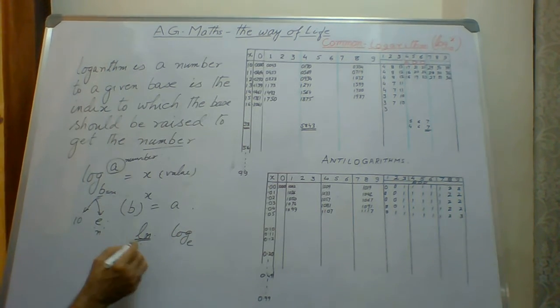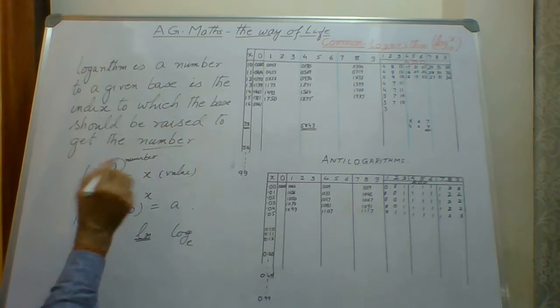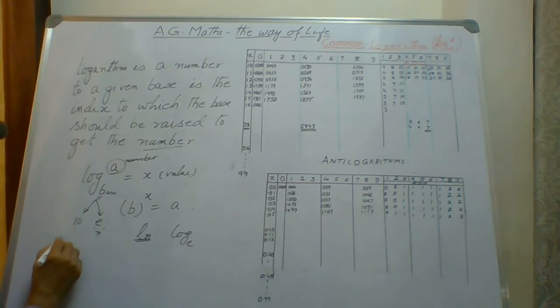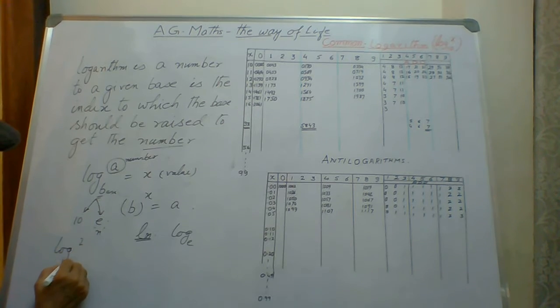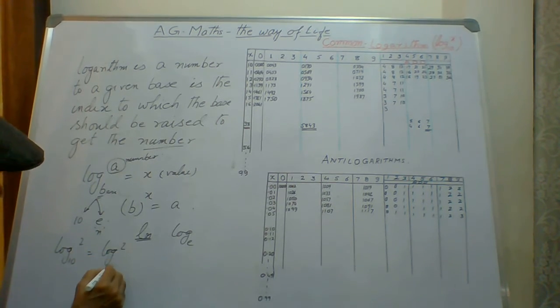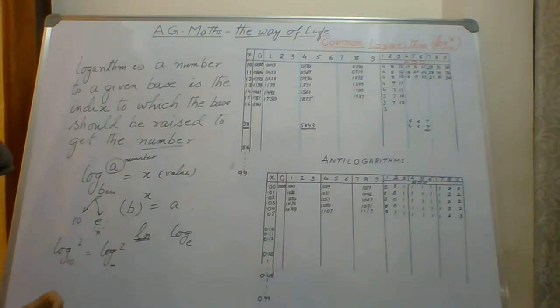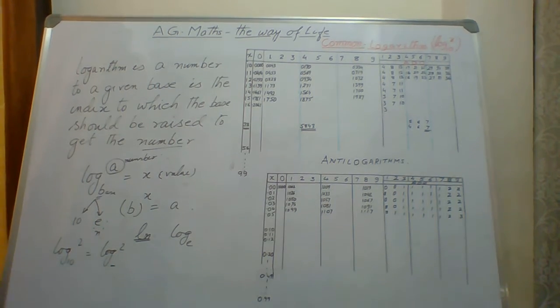And we don't write any 10 even if it is log. If I write log of 2 to the base 10, it is the same as log of 2. The base is understood to be 10. So that is what is about the definition of the logarithm.